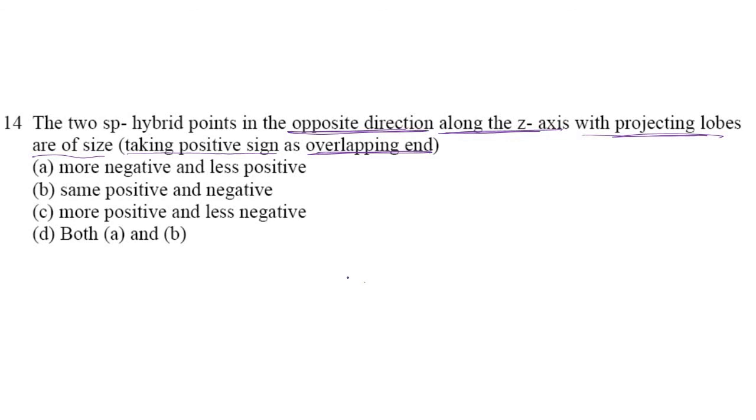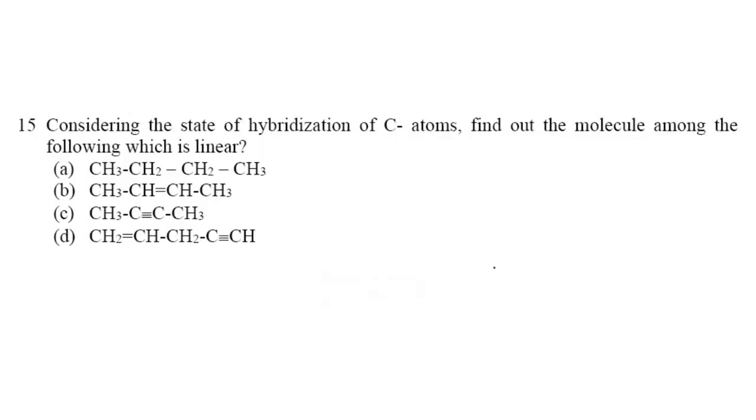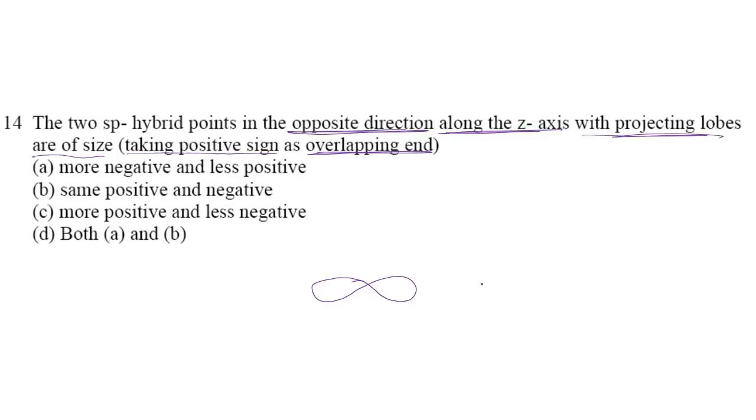If this is one sp, and this is another sp, because they have said here 2 sp, so this is sp and this is also sp orbital, in opposite directions.